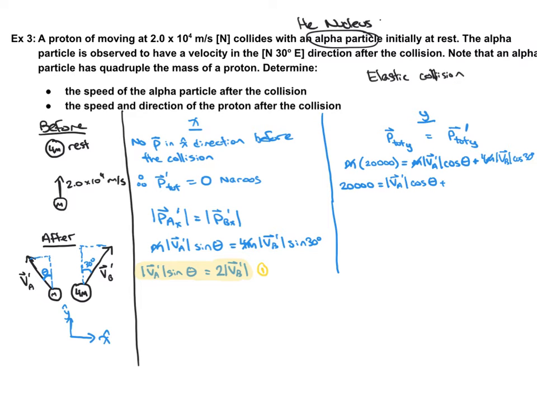That is a special angle. It makes root 3 over 2. However, I'm just going to leave it as 4 cos 30 times velocity of B. Okay, so that is equation 2.